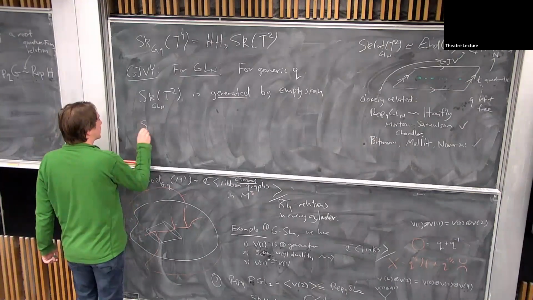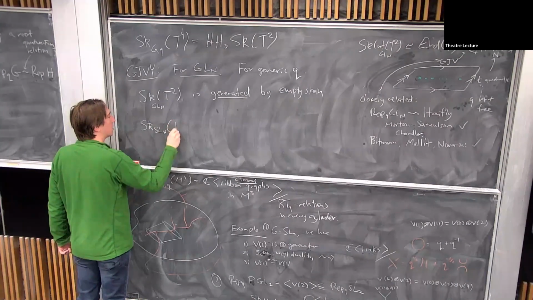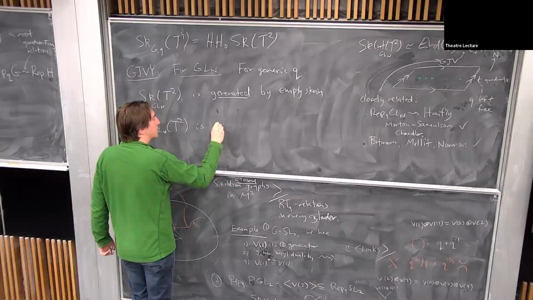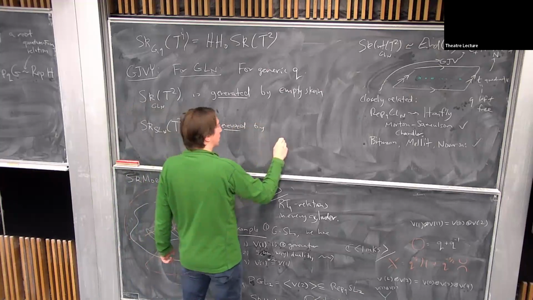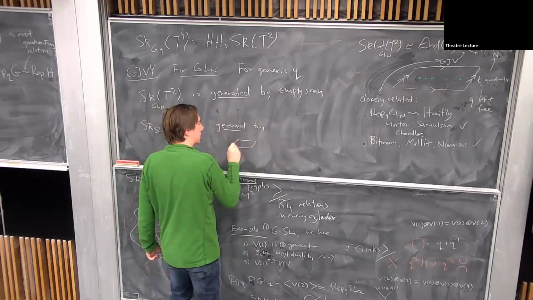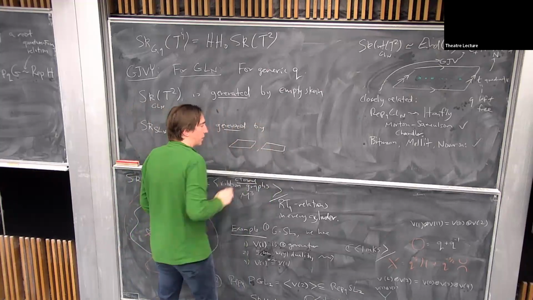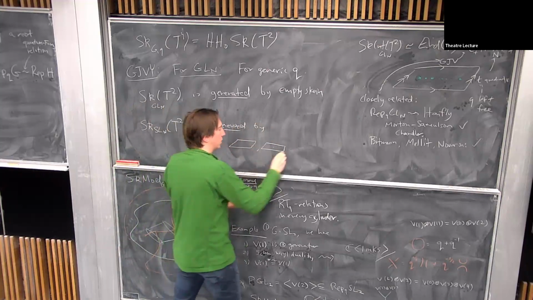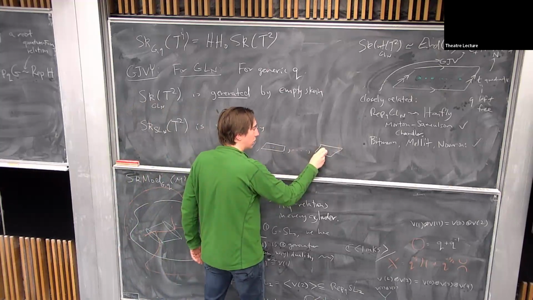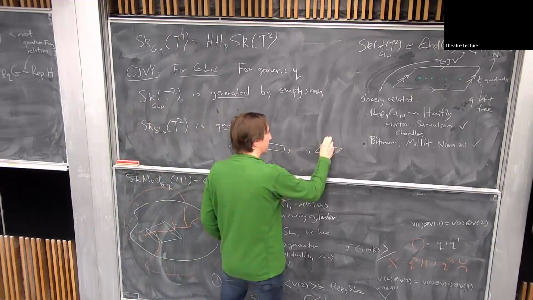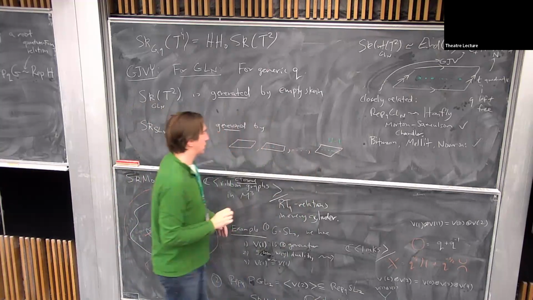For SLN, it's slightly more complicated. The category for SLN is generated by the empty skein object, the object with a single dot, all the way up to n-1 dots.